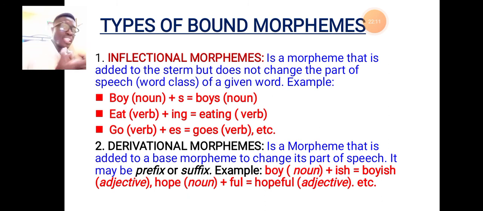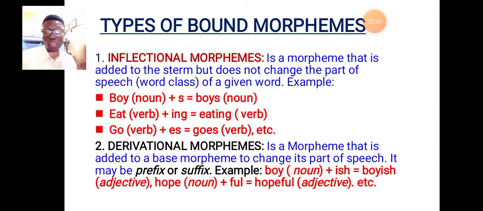Now we are saying that when you add a morpheme to the stem word, and it does not change its word class, it means that morpheme is an inflectional morpheme. For example, the boy here was a noun.